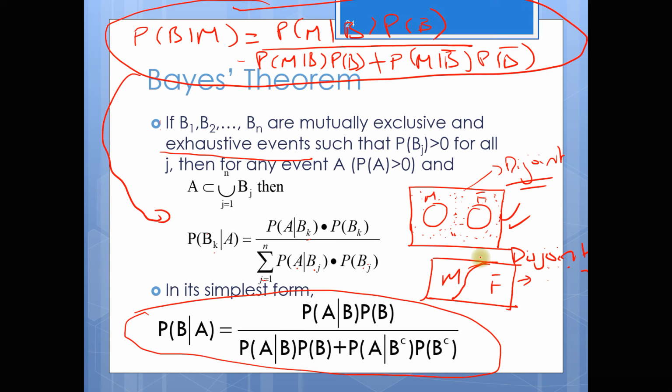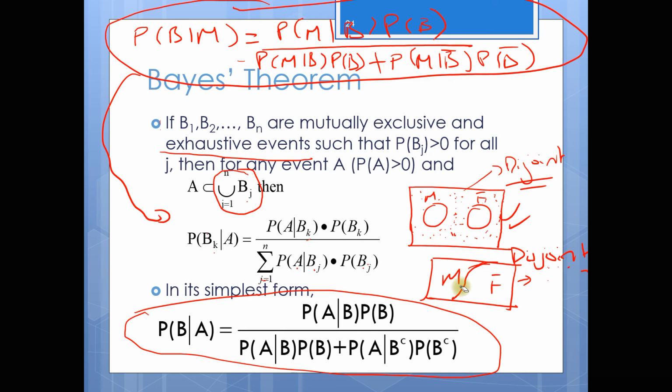Now, why did I show you that again? The question is because we are saying that if we have a set of events B1, B2 up to Bn, for our example, what are the B that we are referring to?